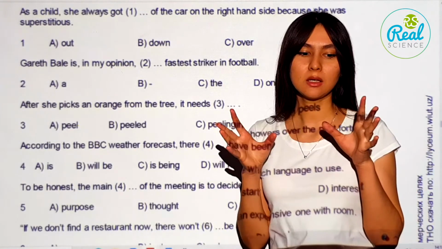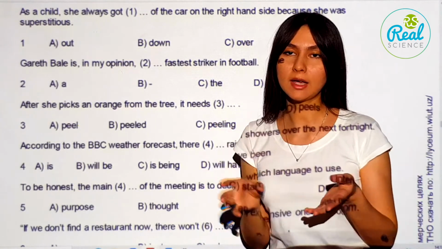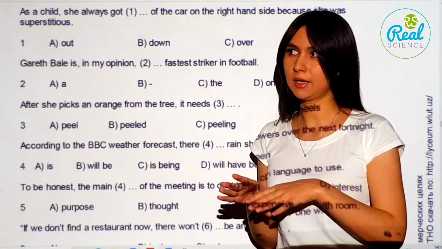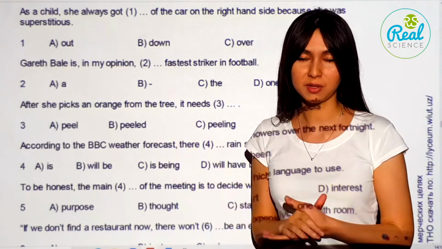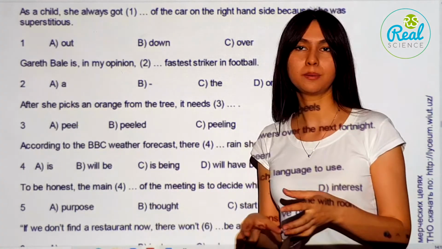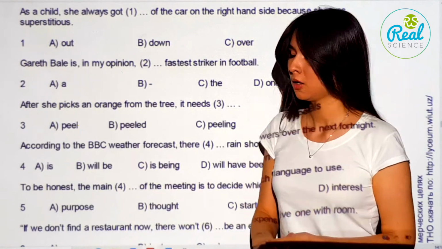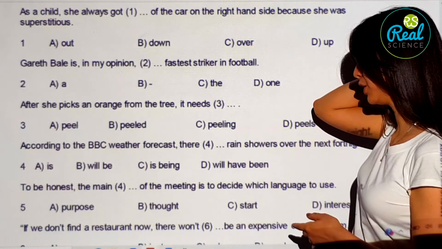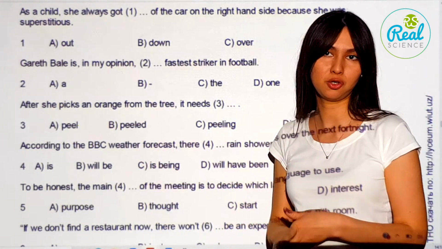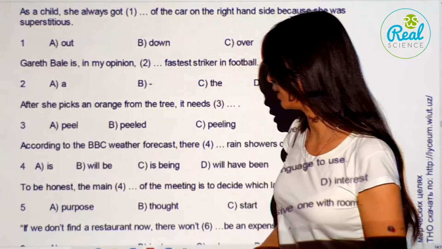So guys, when we talk about a forecast, we use will. When we forecast something 100% surely, in that case we use the present continuous form. So here we didn't use "is being" because it is a forecast. They are not 100% sure. That's why "will be" is the most appropriate.